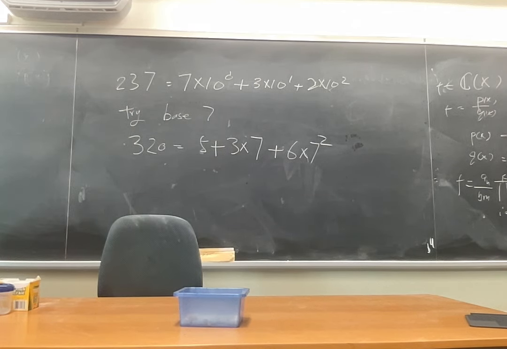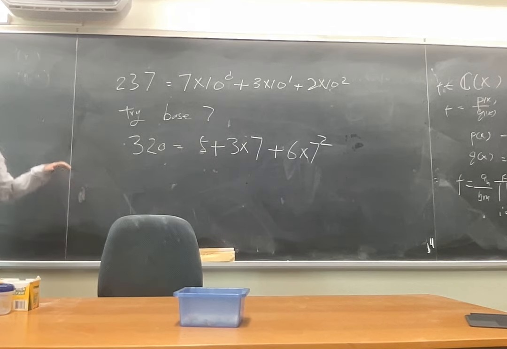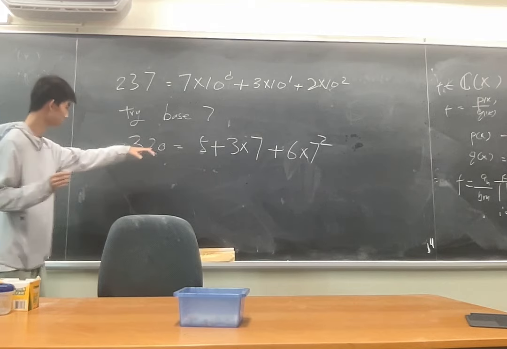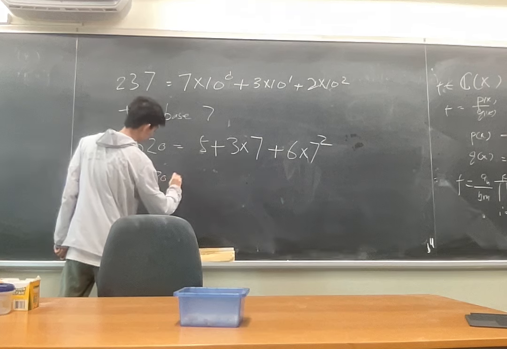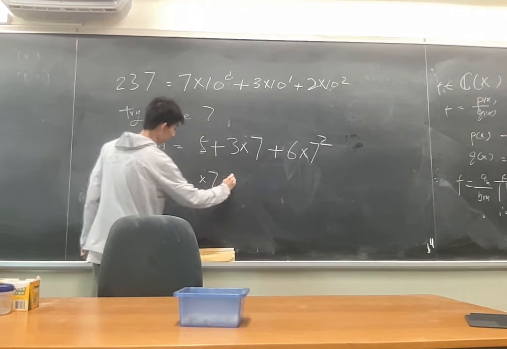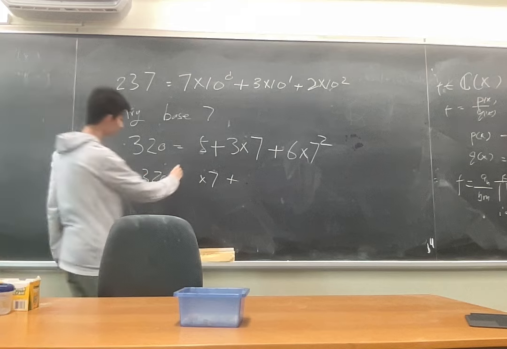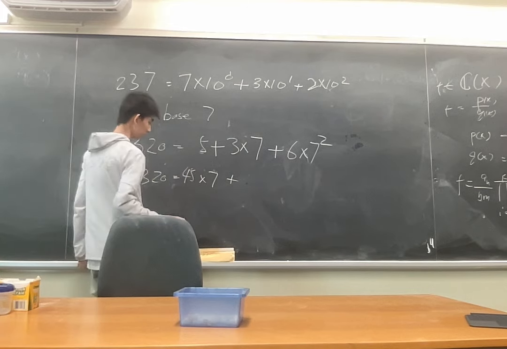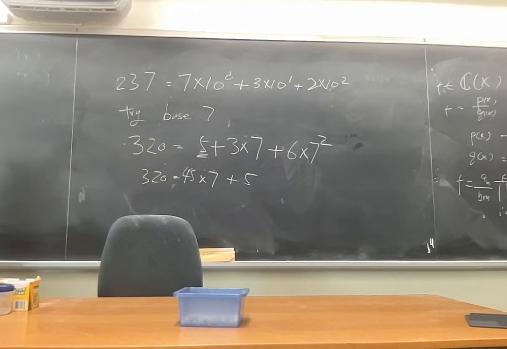So now what are we doing? Let's explain how we get this. We get this through the division with remainder theorem. First we divide 320 by 7. So 320 is equal to some number times 7 plus a remainder, and that is 45 times 7 plus 5. That's how we get this 5. Make sense?